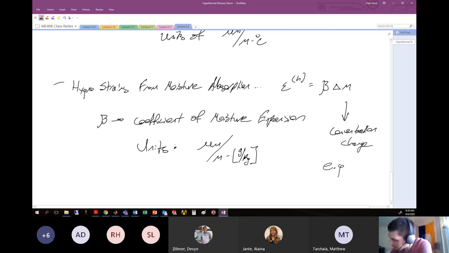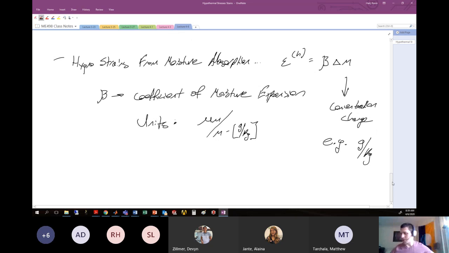So this will help us balance our units. So if I say that I absorb 1 gram of water per kilogram of epoxy, that would be a delta M. So those are a little bit more complicated. Sometimes this is presented as unitless.